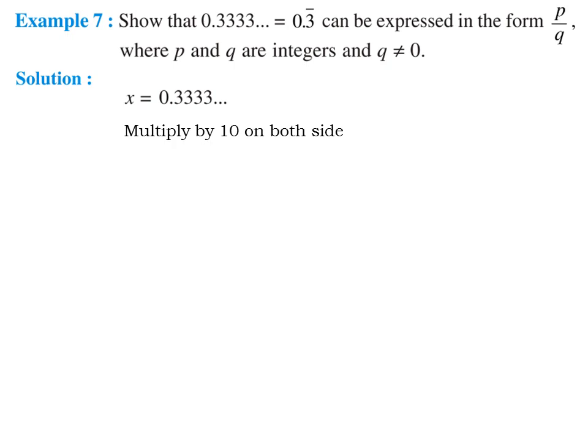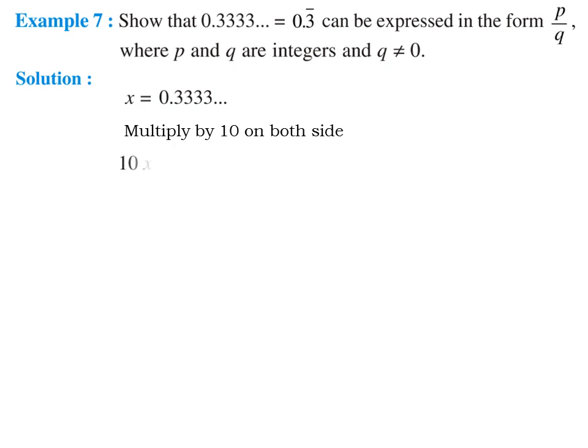Here only the single digit 3 is repeated, so we multiply both sides by 10. If two digits are repeated, then we have to multiply by 100. If 3, then 1000, if 4, then 10,000, and so on. So here one digit is repeated, so I multiplied by 10 on both sides.